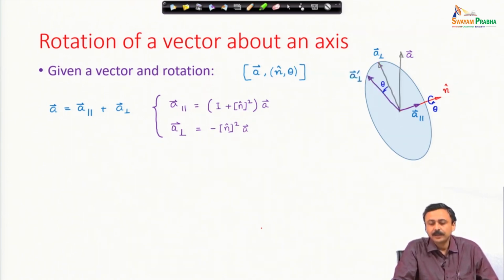When I rotate by an angle theta, A perpendicular goes to A perpendicular prime. And when I sum up A perpendicular prime with A parallel, I will get A prime, the rotated vector A. I started with the vector A, and finally after combination I get A prime. Then I will find the relation between A prime and A, and get the rotation matrix.